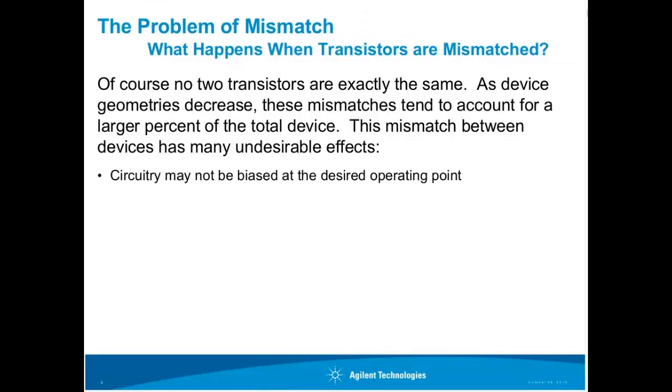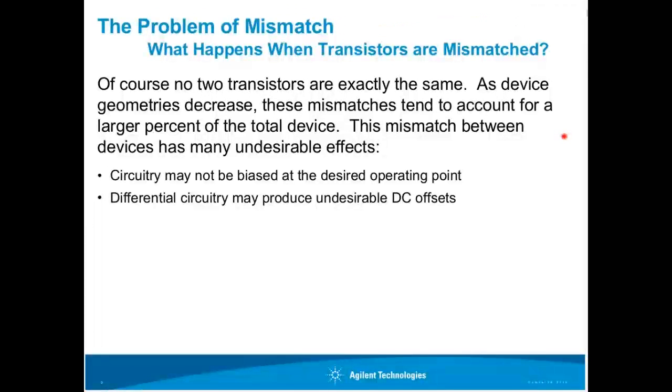So what happens when we have some mismatch in our matched sets in the circuits that we're working with? The obvious one that I think we all see commonly is that the circuit might not be biased where we intended to bias it. So the operating point may be a little different than was intended.